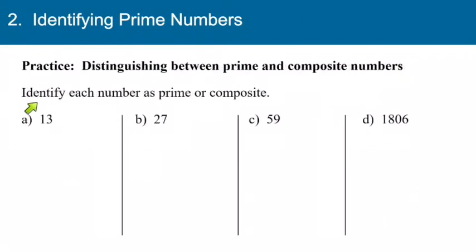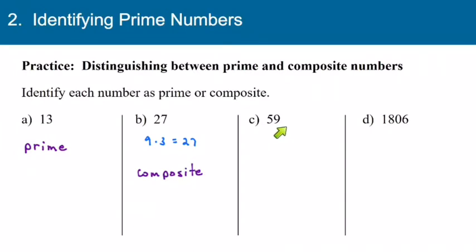Okay, here are a few more for us to identify as prime or composite. Let's start with 13. We know that the only way to make 13 out of factors is to say 13 times 1, and therefore this number is prime. Now, 27 we know by heart is 9 times 3, and therefore right off the bat, 27 is going to be considered composite.